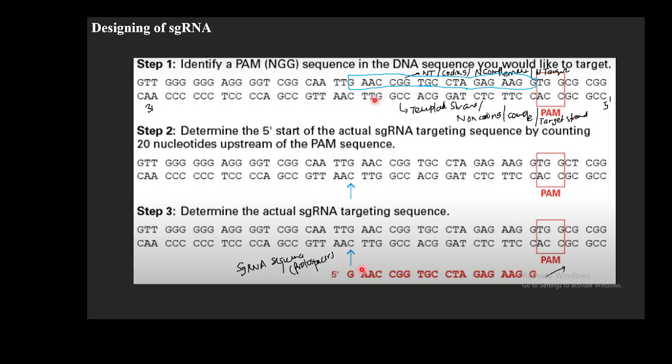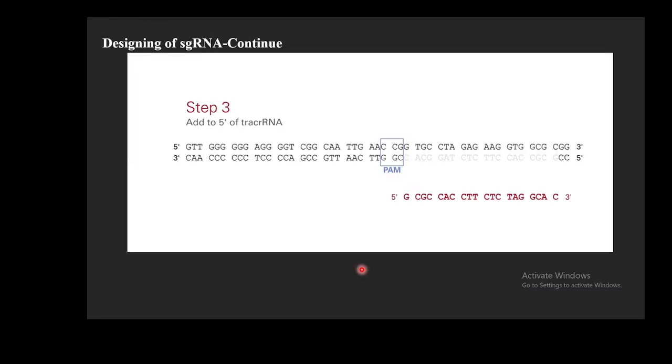Now suppose in your DNA strand you are not getting the NGG, however you are getting the CCN sequence. So in that case, instead of counting upstream, you need to take the downstream bases here.